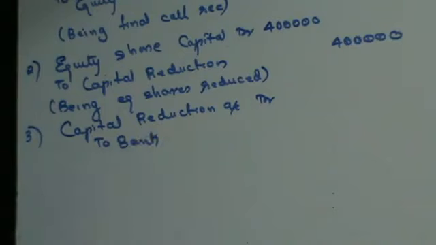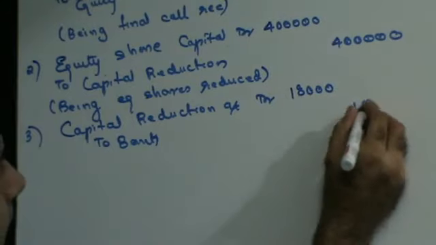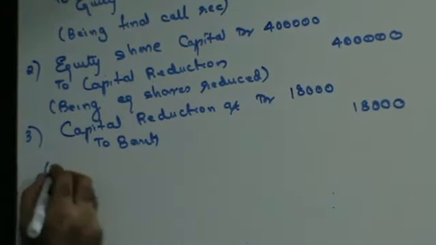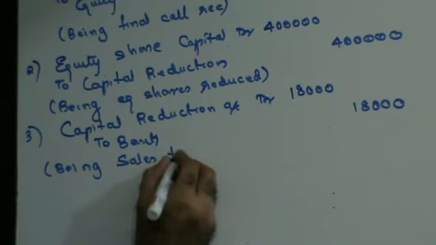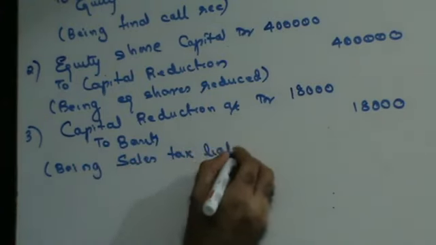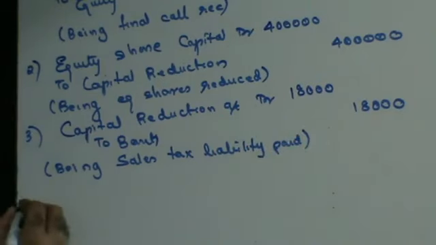How much has to be paid? The amount to be paid is 18,000 rupees. Being sales tax liability paid. Right? Next, let's move on ahead.